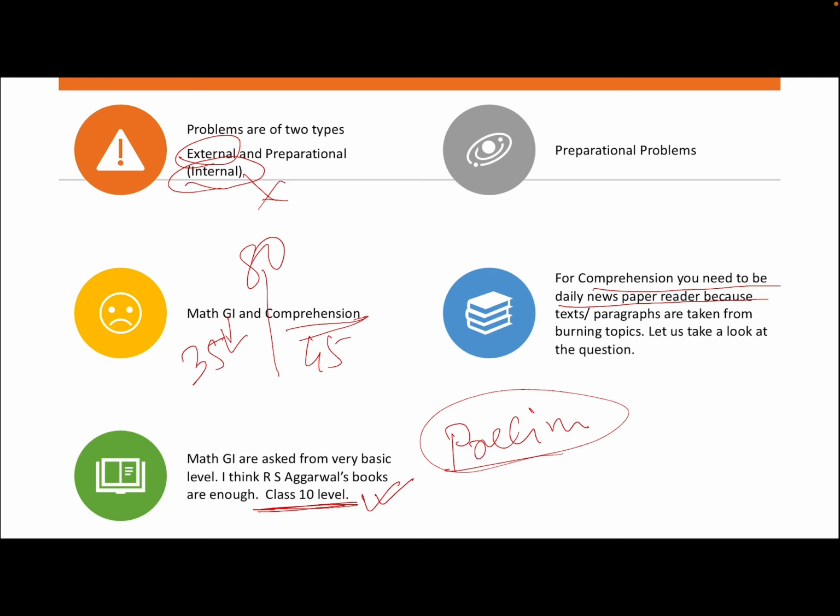That's not the case. Now we will discuss what the external problems are. External problems mean you have to wake up on the day of the examination, very early in the morning, maybe at 3 o'clock or 4 o'clock. So you won't have good sleep. After reaching and attending the first paper, you have to wait another 3 hours.